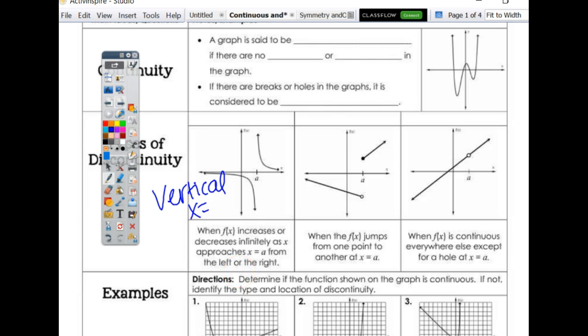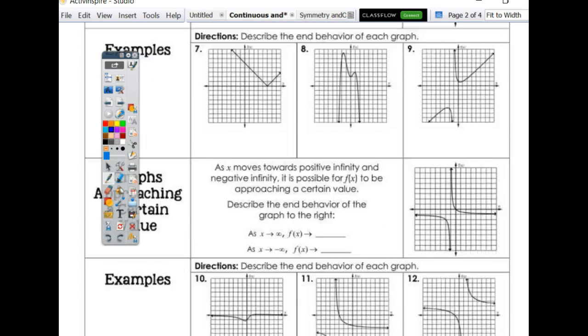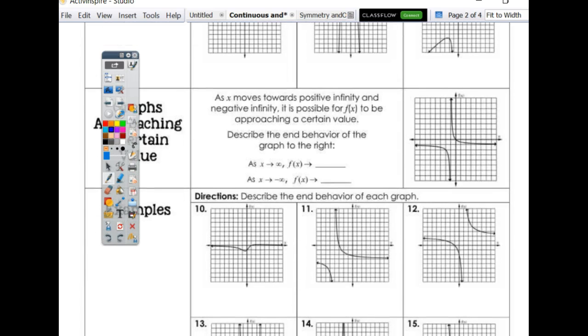So then we talked about the end behavior. And do we care about what's in the middle of a graph on the end behavior? No. We're just looking at the end behavior. And when we look at these, we look at the asymptotes that go this way. So these are our horizontal asymptotes for end behavior.